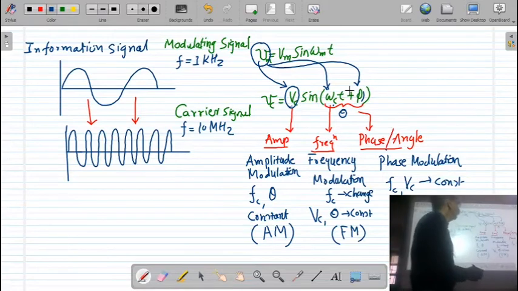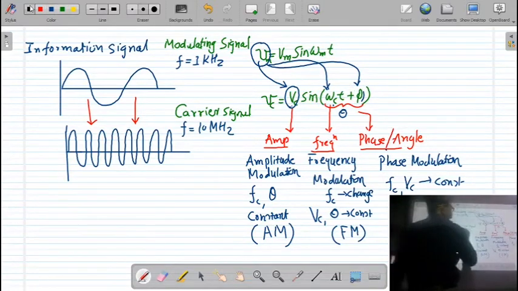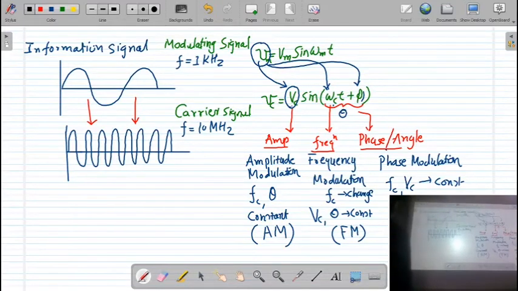But if you look at omega Ct plus phi, if we are changing the omega C, then it is called frequency modulation. If you are changing phi, then it is called phase modulation.